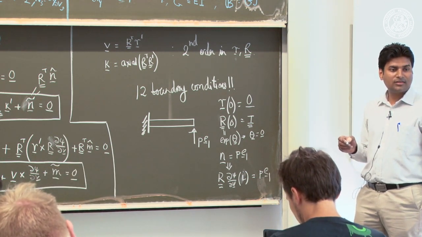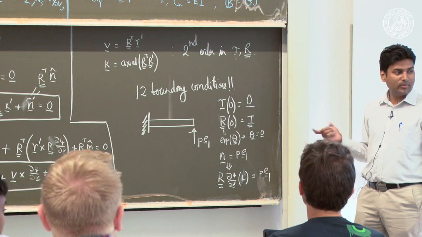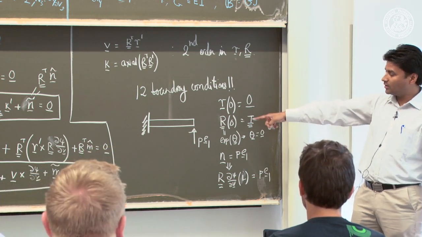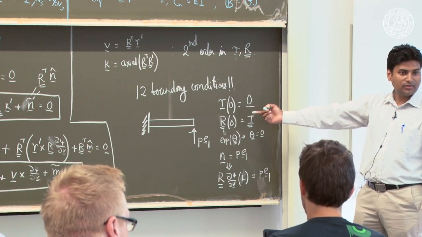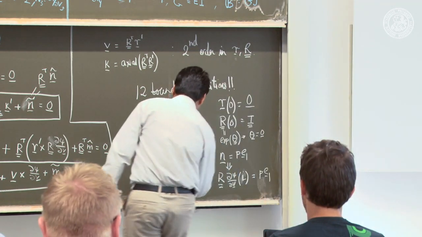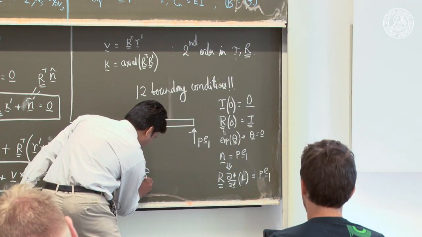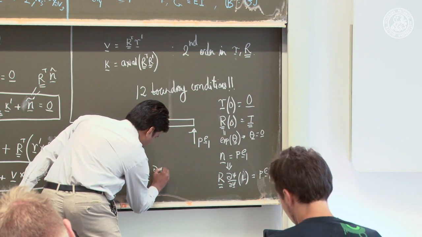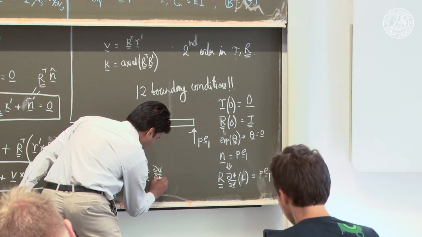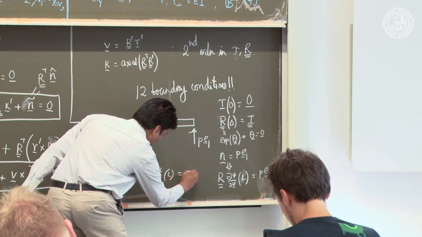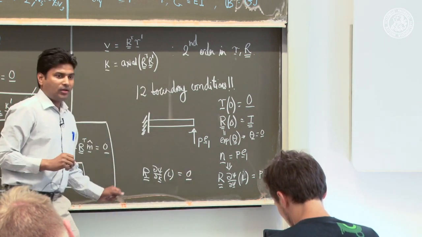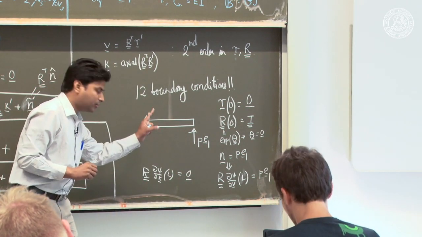Yes? What is the moment at this end? 0, right? So, that says big R times del psi over del k at L is equal to 0. And you can very well get rid of big R also here.